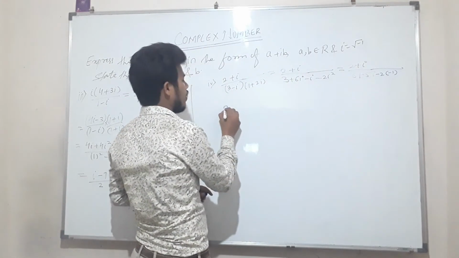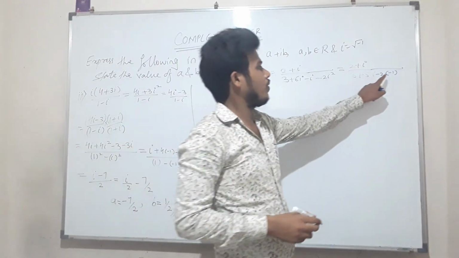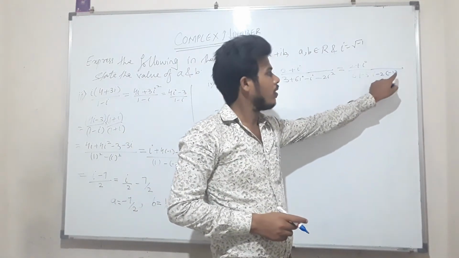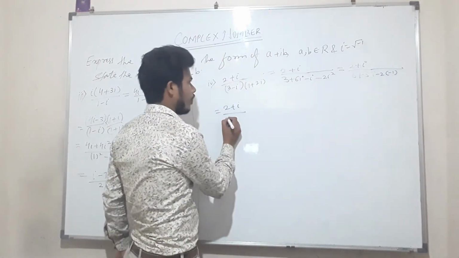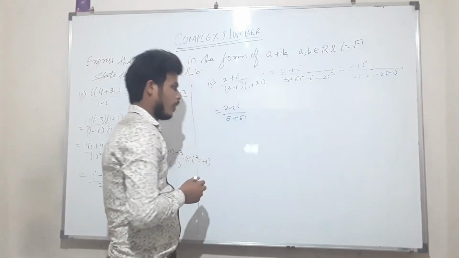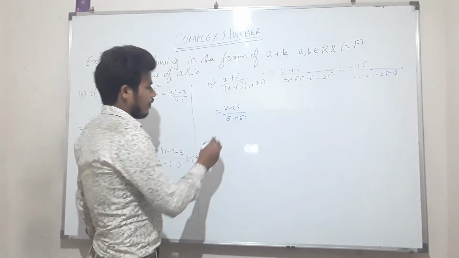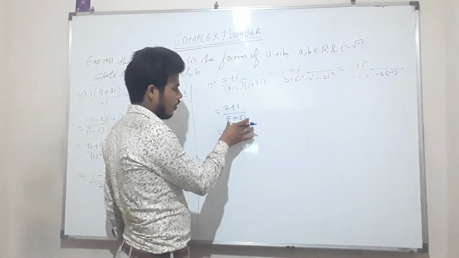So we will get 2 plus i upon, minus 2 into minus 1 is plus 2, so 3 plus 2 is 5, 5 plus 5i. After that we will take the conjugate of this denominator.